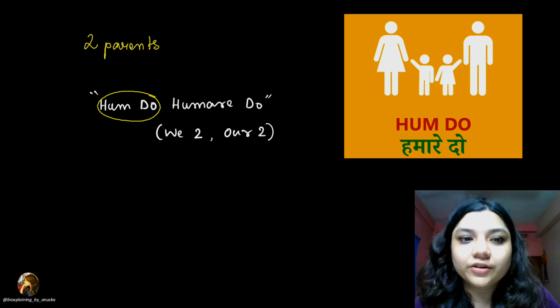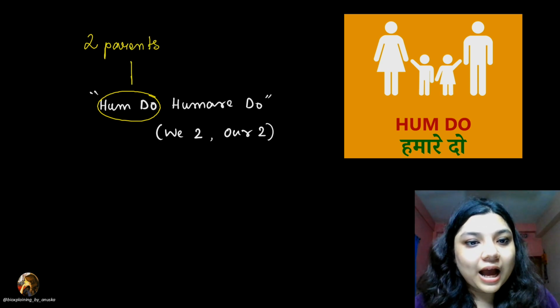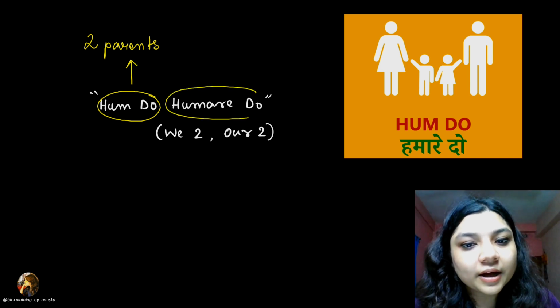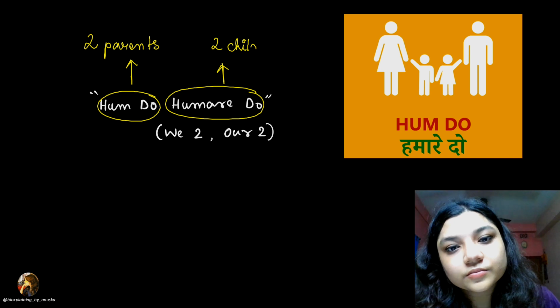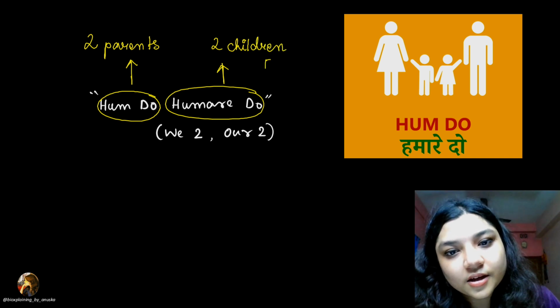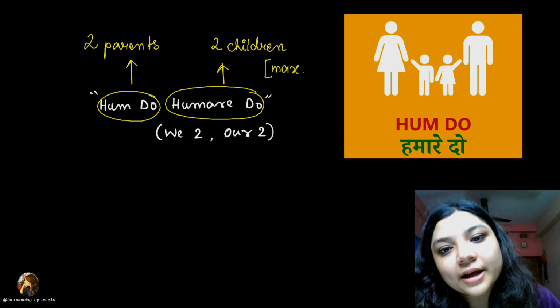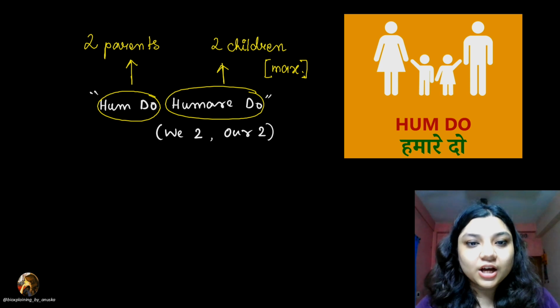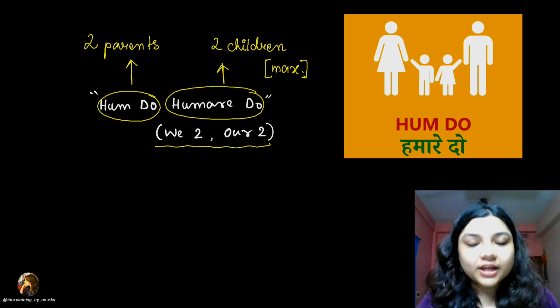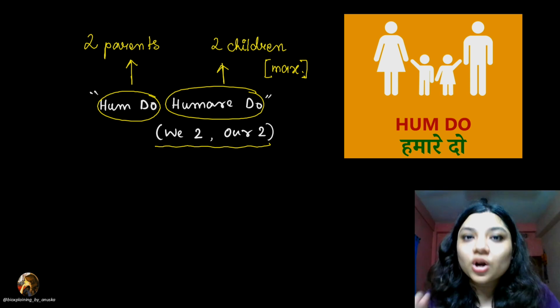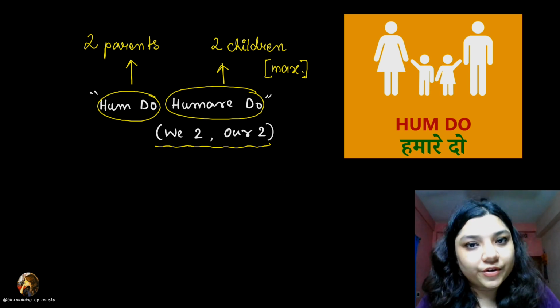And "Hamare Do" are two children max. You can have one child, or at max you can have two children. So this measure was implemented. Every couple should not take more than two children.